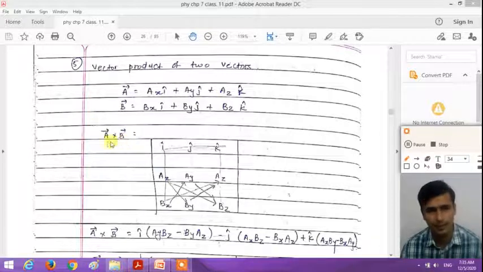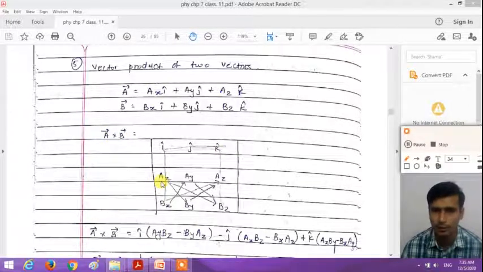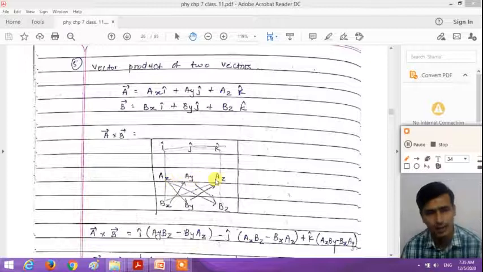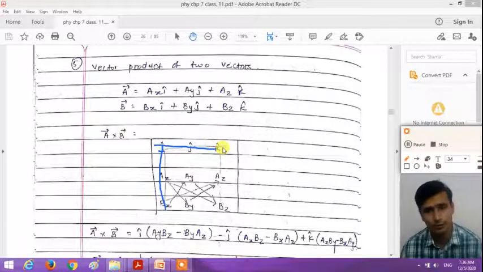How do we write the determinant? A cross B is equal to the determinant with first row i, j, k compulsory. Then write the components of A: AX, AY and AZ, then the components BX, BY and BZ. A cross B is equal to first i: eliminate the row and column containing i, you get four components, multiply from left to right, AY BZ minus BY AZ.